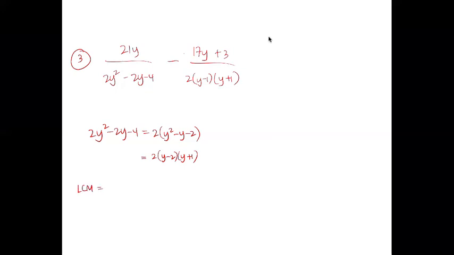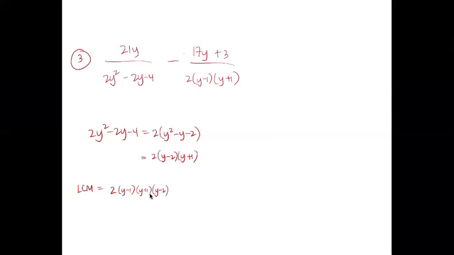Both of them have 2, and then you have your y minus 1 in here, and the y plus 1. From here, you have the y minus 2 and y plus 1, but we already have y plus 1 in here.